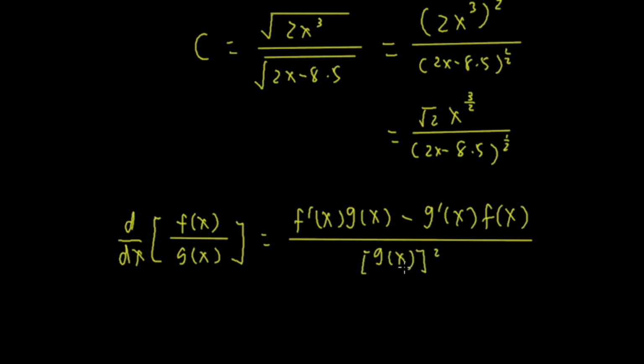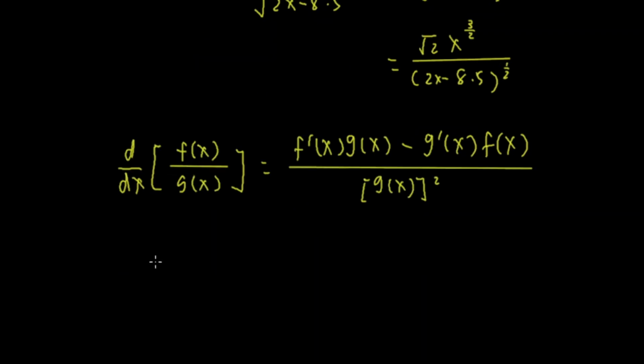So first of all, let's find the derivative of this function first, which is g at x in this case. Let me let g equal to this here, 2x minus 8.5 to the power of 1 over 2.